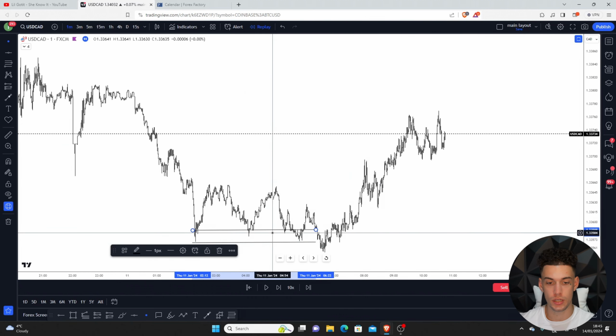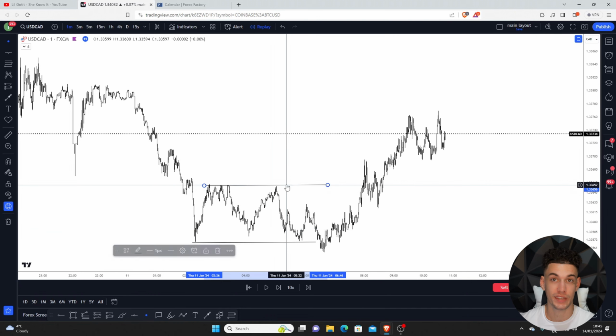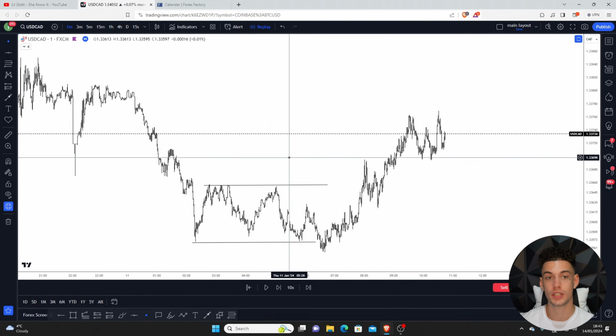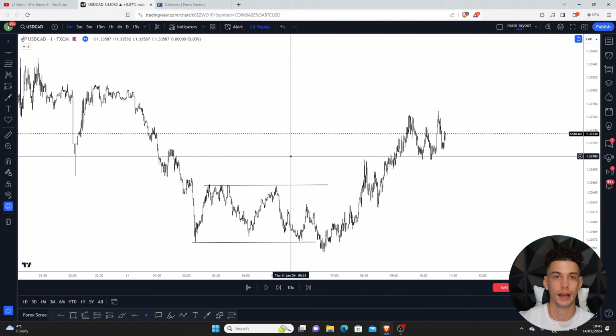And here's the thing, you can have the most textbook setups, but they can still lose. This is why we have to change our focus, because when I was focusing on outcome, I would get chewed up and spat out by the market. I had to accept and realize that I cannot control the outcome. No matter how many hours I put in, no matter what I do, I cannot control the outcome.